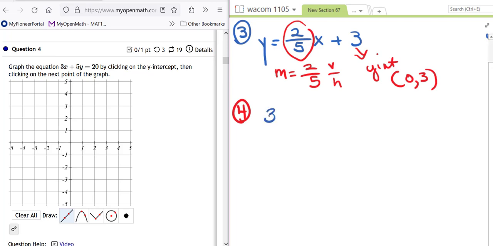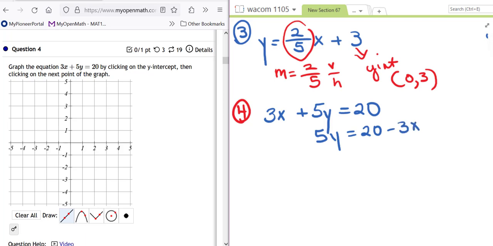We have 3x plus 5y equals 20. And we're going to graph it, so we're going to move it around. I'm going to subtract 3x from both sides. It's easier to do than it is to write. So 5y equals 20 minus 3x. And then I'm going to divide out the 5. When you work with lines, divide it under each piece. We did not do that with formulas.